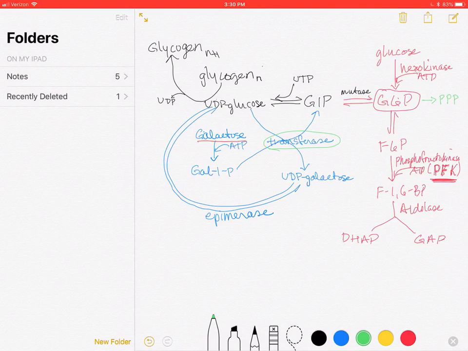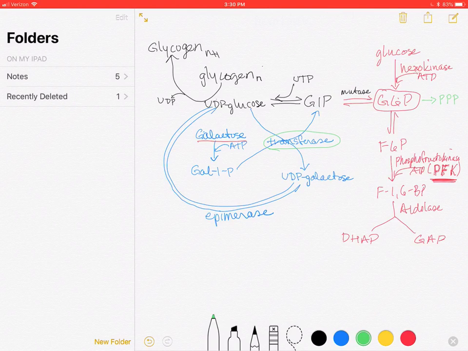And galactitol can also cause problems. For instance, in the lens of our eye, galactitol will start to cause water to flow into the lens, which will cause a cataract. So young children with galactosemia will have cataracts.